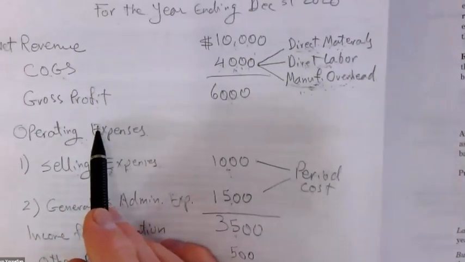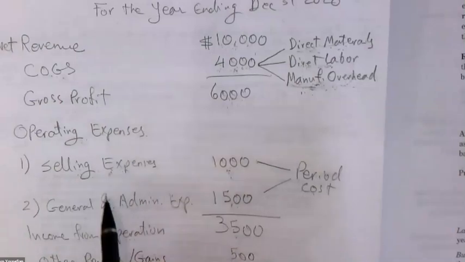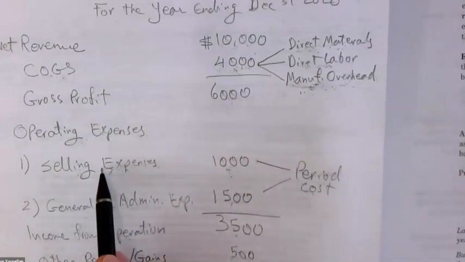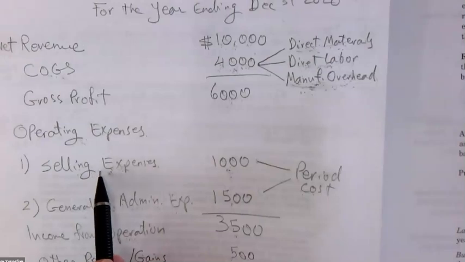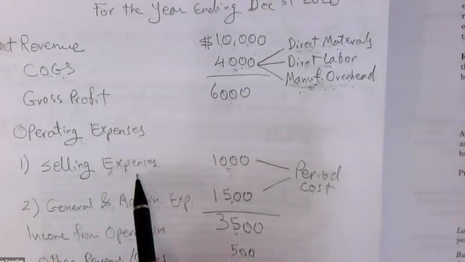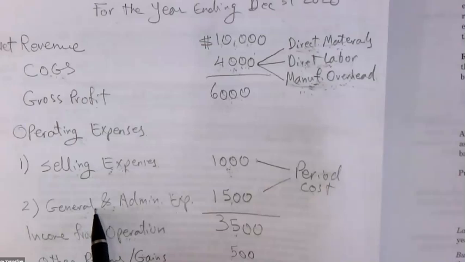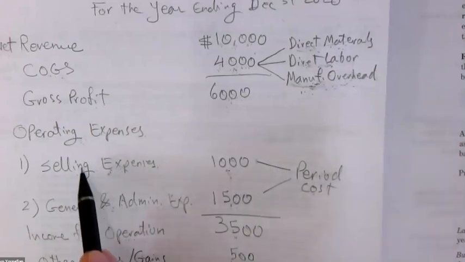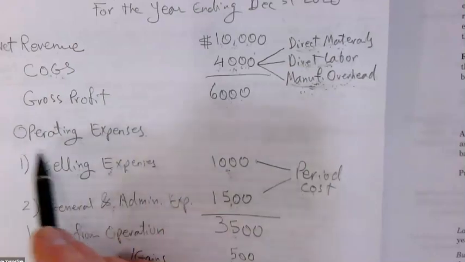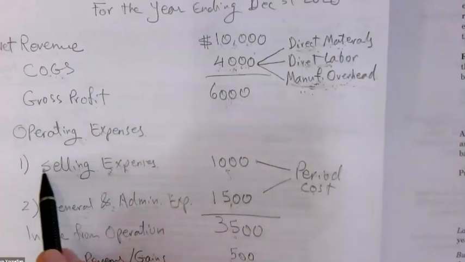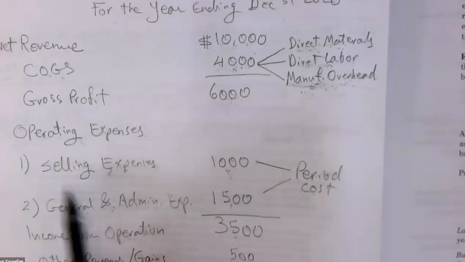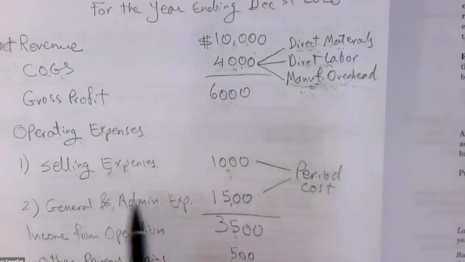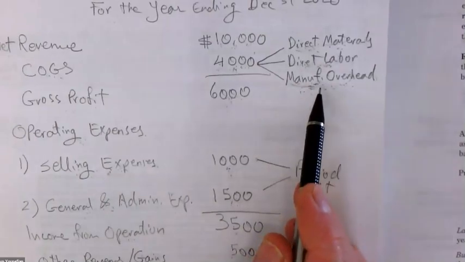Below gross profit, in the operating expense, we have two categories. We have selling expense, let's say showroom equipment depreciation, and we have office equipment depreciation, which goes in the general administrative expense. Those are period costs that will be calculated as part of operating expenses, equipment depreciation for showroom and equipment depreciation for office. That has nothing to do with manufacturing overhead.